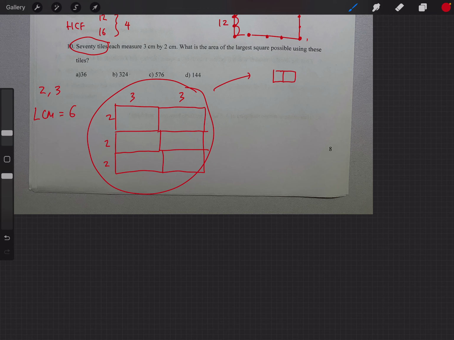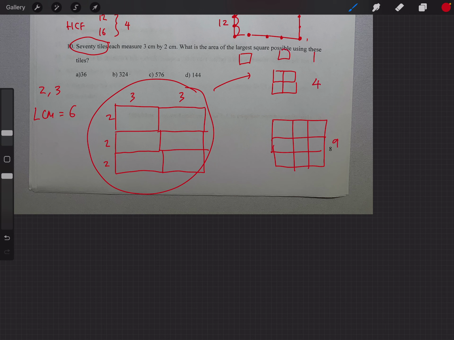So the first time you make a square, you can have 1 square. If you want to make a bigger square, you need 4 of these squares to make another square. If you want to make an even bigger square, you need 3 and 3. All right, so you got 1, or you could have 4, or you could have 9, and so on.